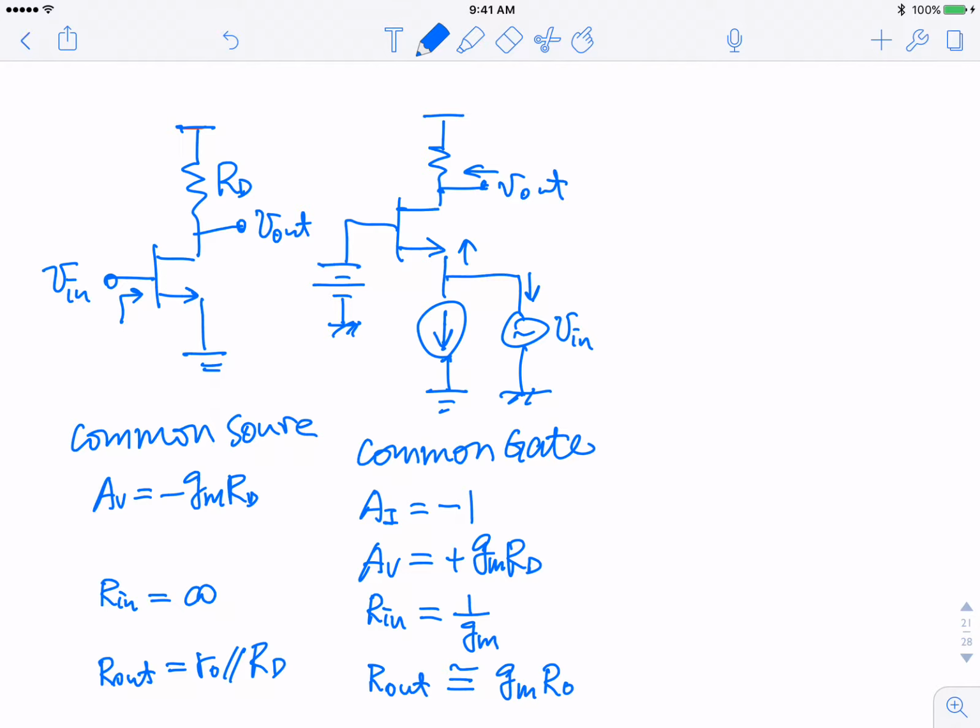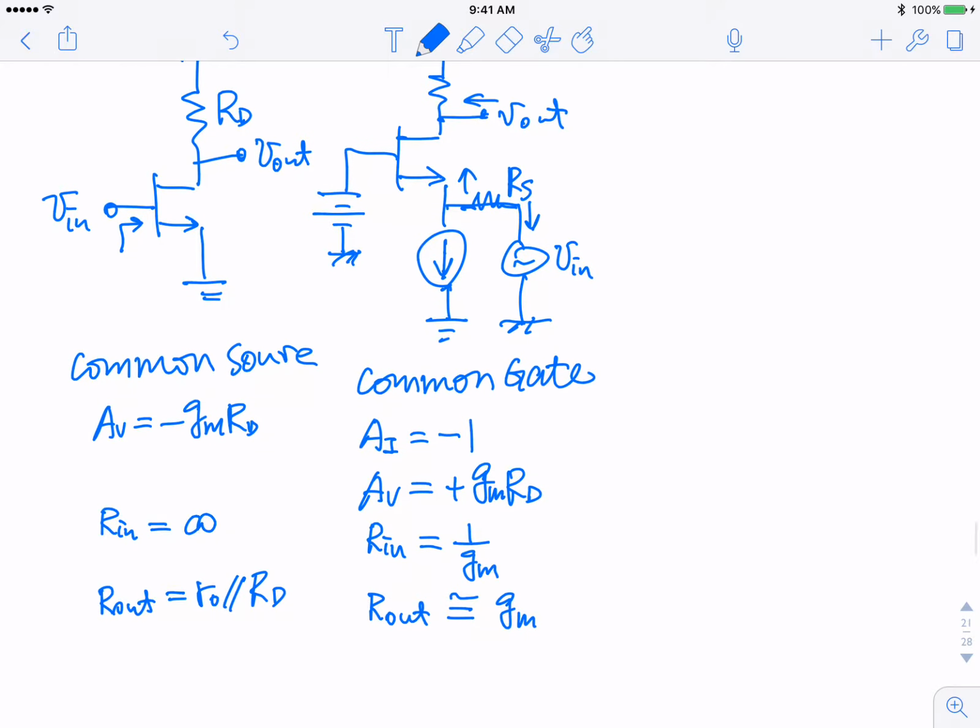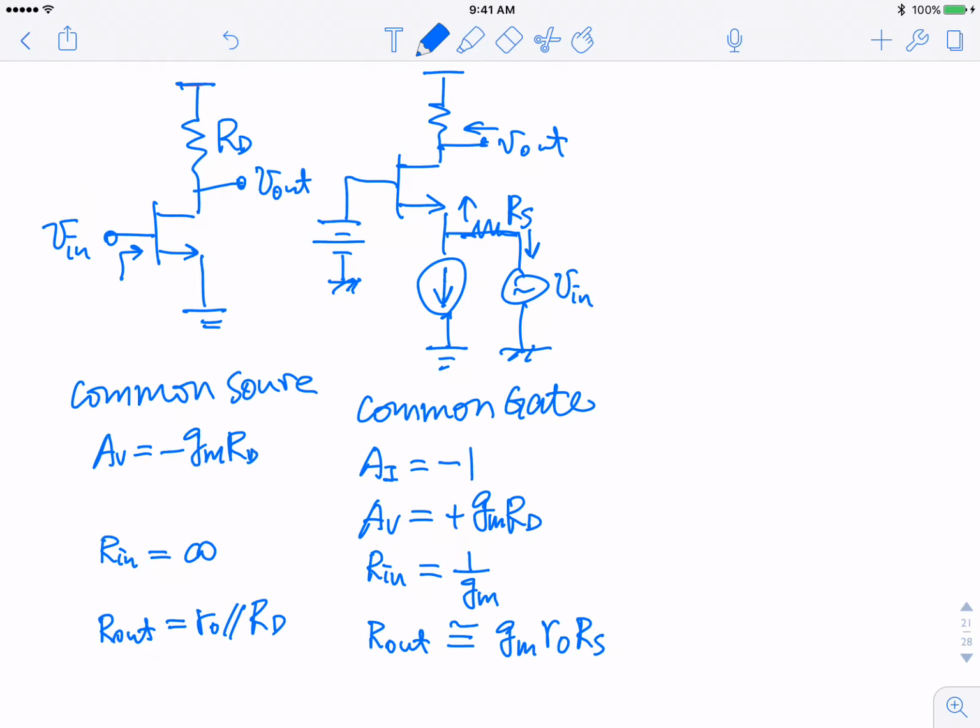If this is a voltage source, then RS is here. So this is gm small r0 times RS. So this is really big. This is reasonably big, but the common gate output resistance is really big.